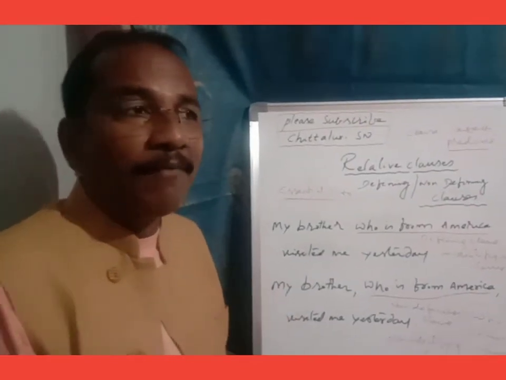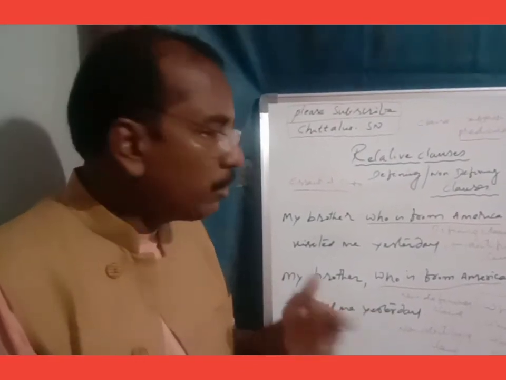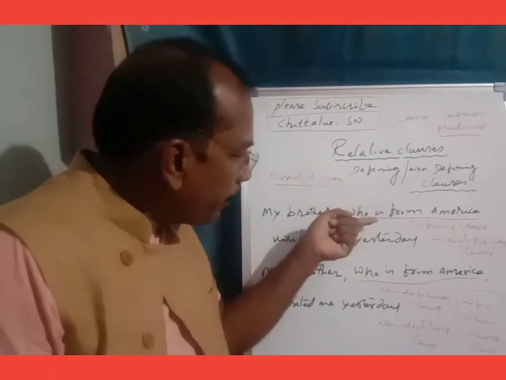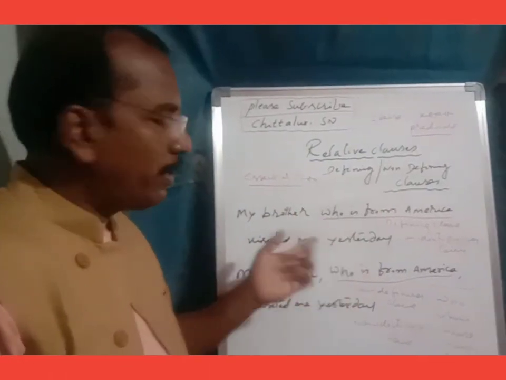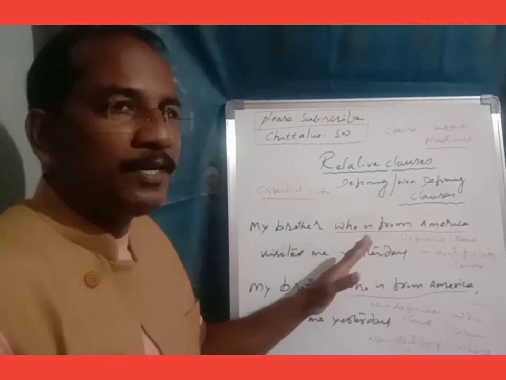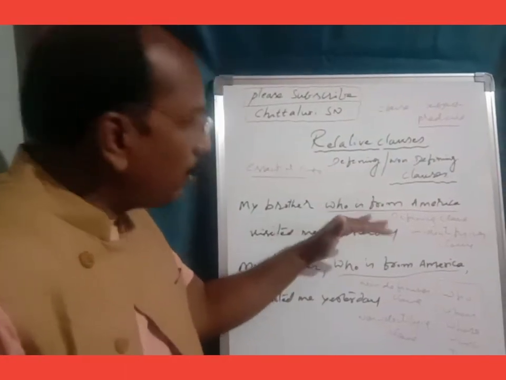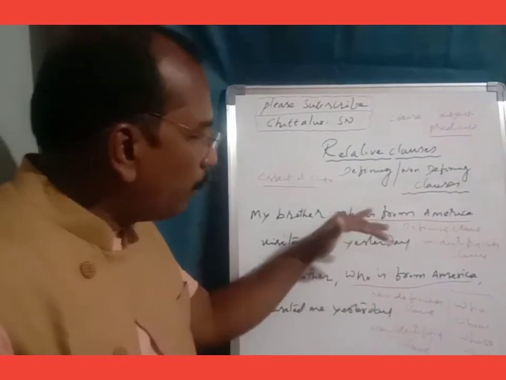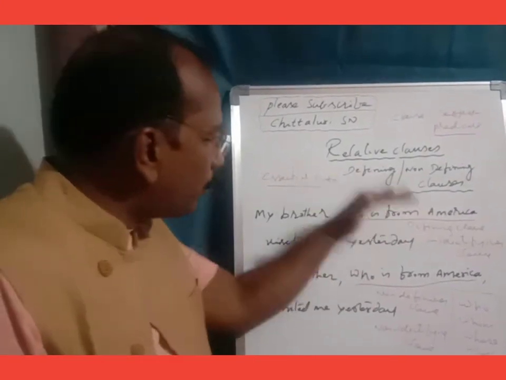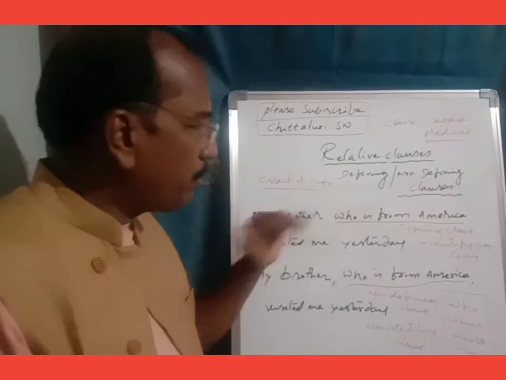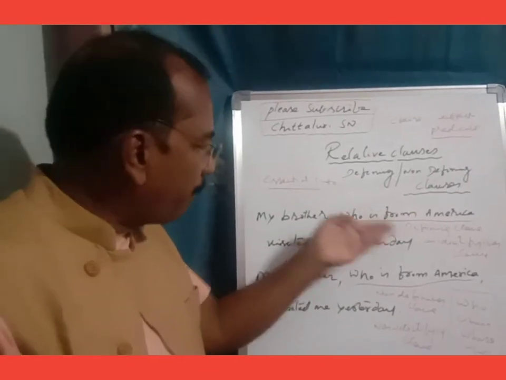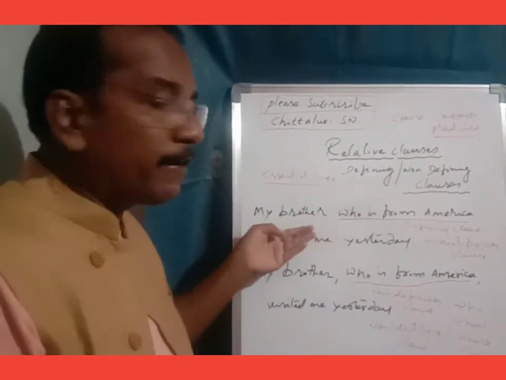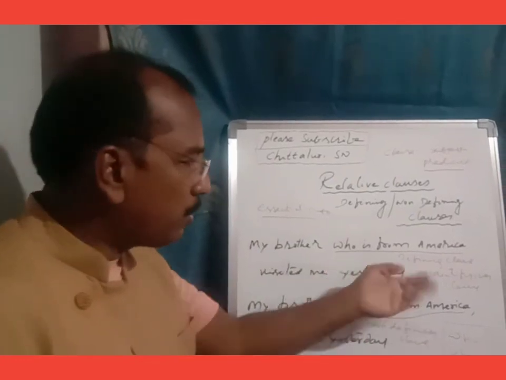Yes, I have more than one brother. Among those brothers, the brother who is from America only visited me yesterday. That is the sense here. That's why who is from America defines the subject, my brother, and it is called a defining clause.